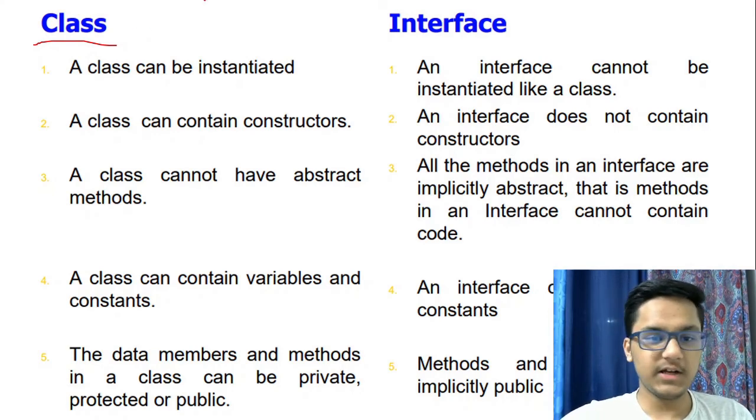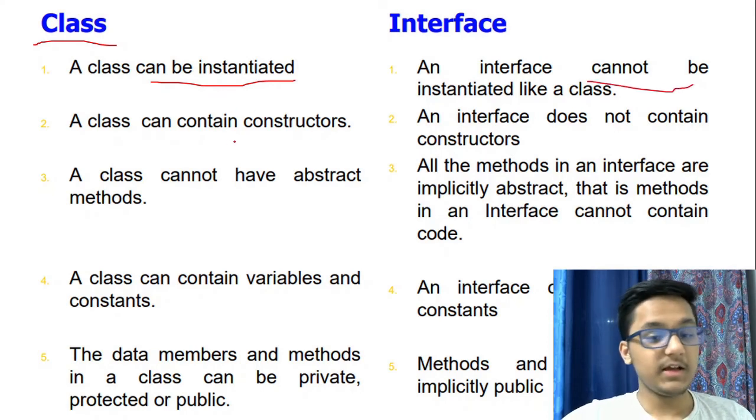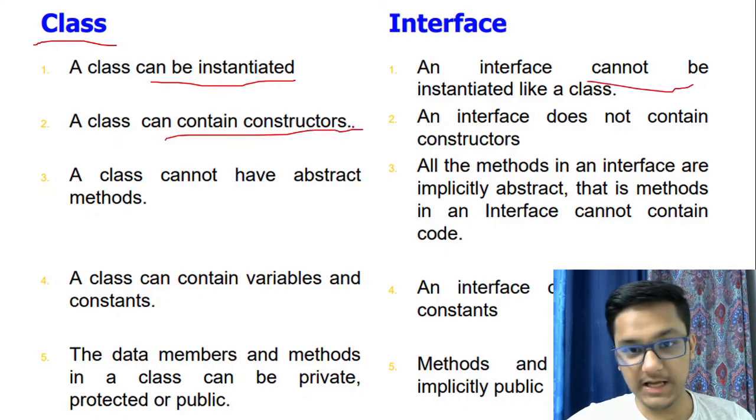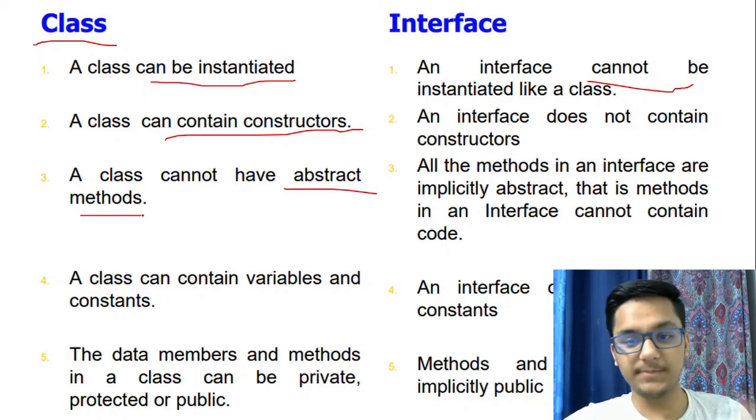So a normal class is a class which can be instantiated, however an interface cannot be instantiated. A normal class can have constructors like an abstract class, and an interface cannot have constructors. A concrete class cannot have abstract methods, because if it has an abstract method, then the class needs to be an abstract class.